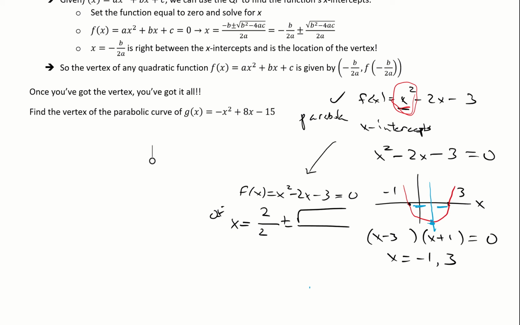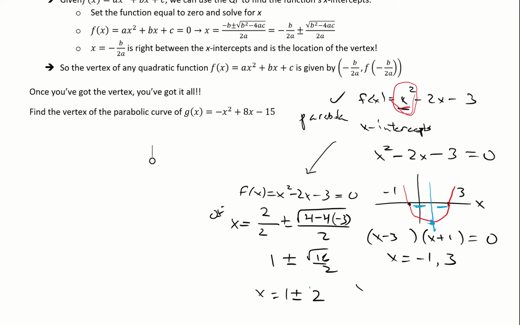Over 2, and inside the radical, minus 2 squared is 4, minus 4 times a, which is 1, times negative 3, and you get 1 plus or minus the square root of 16 over 2, so x is 1 plus or minus 4 over 2, which is 2.